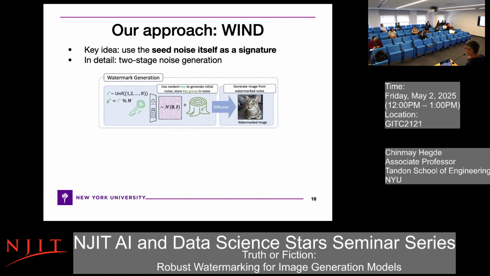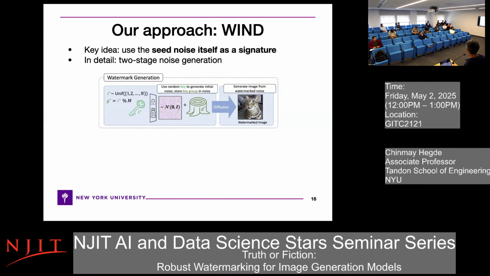So in detail, what we do is we first sample uniformly an index ranging from 1 through n, and think of n as some moderate size integer, okay? And then do a percent m, which is a modulo operation, to get a cyclic salt, and use that cyclic salt for the pseudorandom number generator.